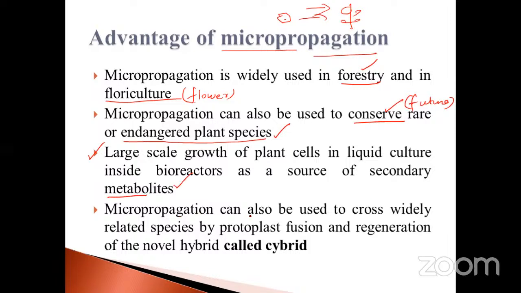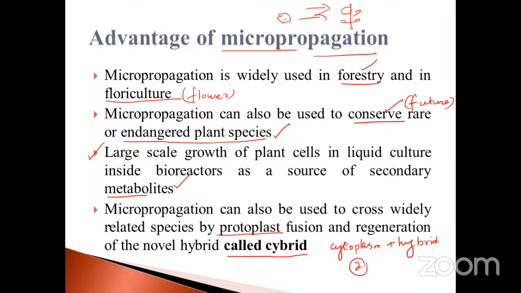Micropropagation can also be used to cross widely related species by protoplast fusion. So they are called cybrids. What is the meaning of cybrid? Cytoplasmic hybridization, two cytoplasms.